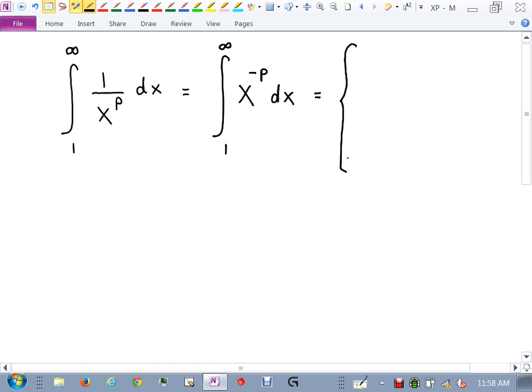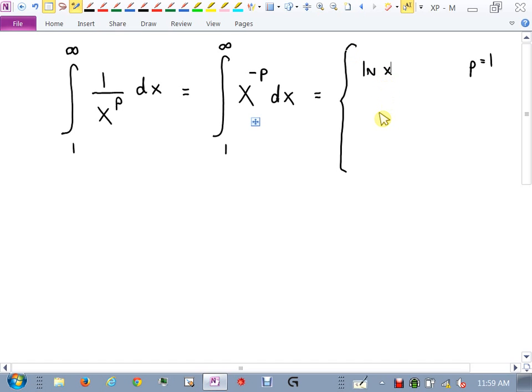What happens if p is 1? It does diverge, but what's the antiderivative? If p is 1, it's the natural log, right? We would do natural log x.